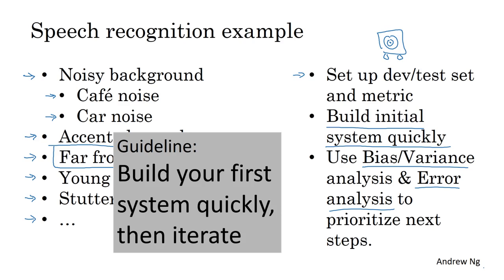So, for example, there's a large academic literature on face recognition, and if you're trying to build a face recognizer, it might be okay to build a more complex system from the get-go by building on this large body of academic literature. But if you're tackling a new problem for the first time, then I would encourage you to not overthink or not make your first system too complicated, but just build something quick and dirty and then use that to help you prioritize how to improve your system.